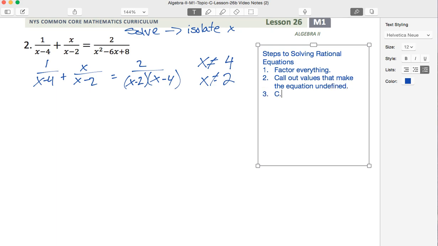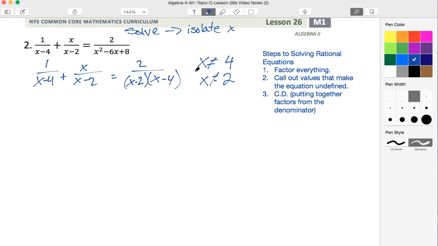Now we need to find a common denominator, and we're going to do that by putting together the factors from the denominator. Okay, let's work on this. So our common denominator in this case is going to be x minus 2 and x minus 4.